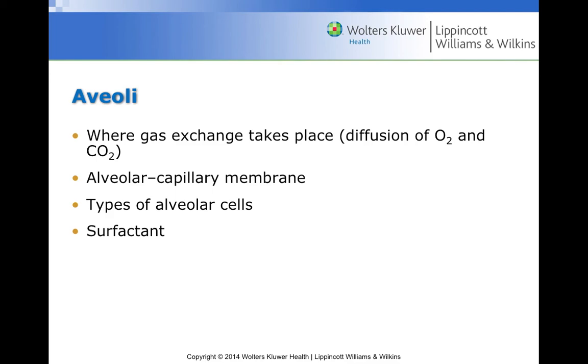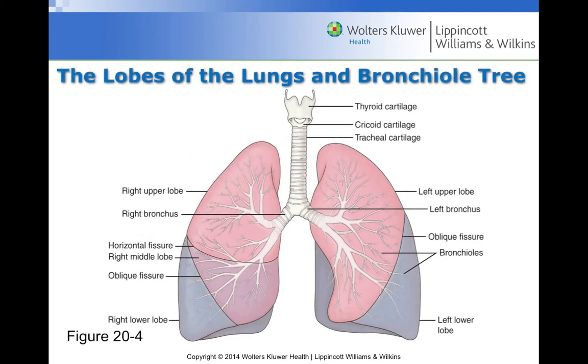Of course, this is where your gas exchange takes place, diffusion of your O2 and your CO2. You want to know that diffusion works from an area of higher concentration to lower concentration. So you want to know what's actually going on when we're looking at that air exchange. And here's an illustration of the lungs, an interior view.